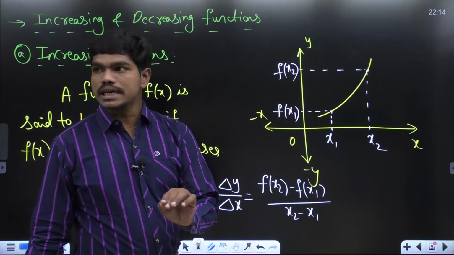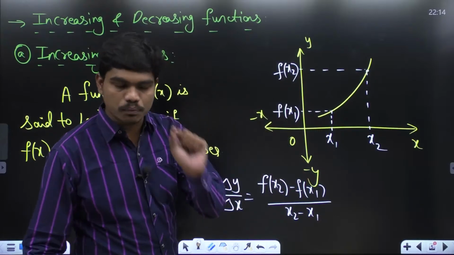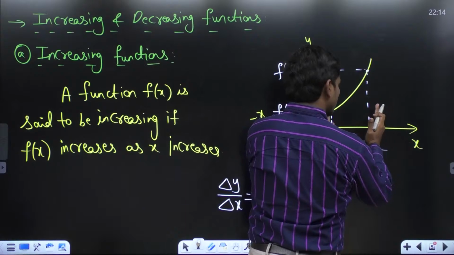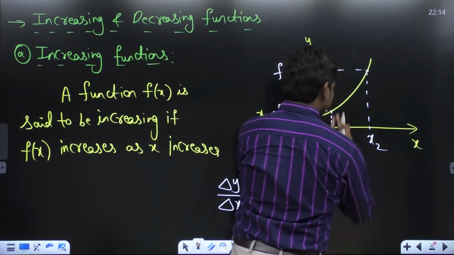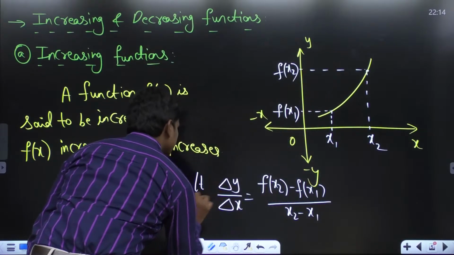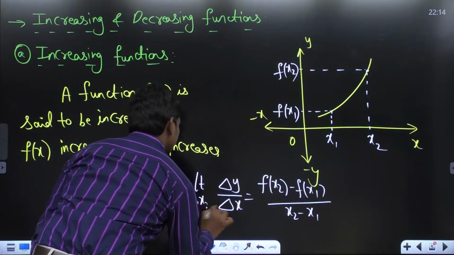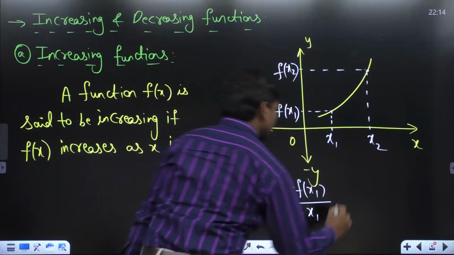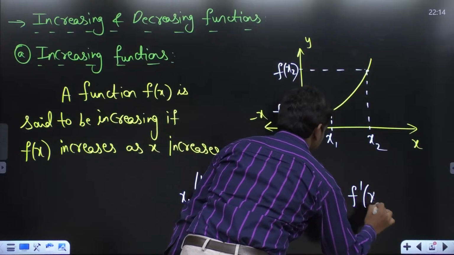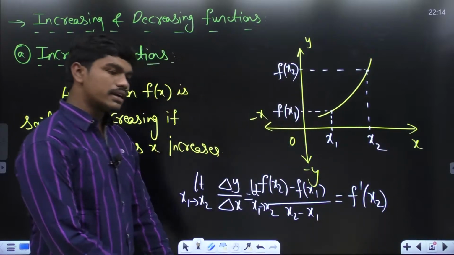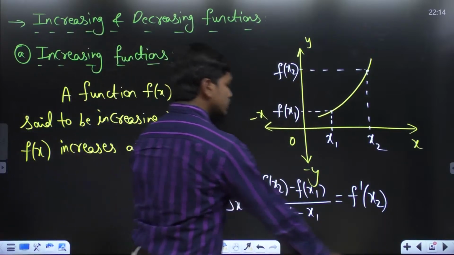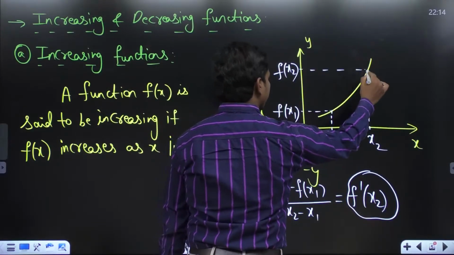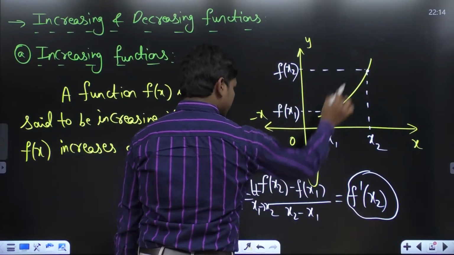Now if you want to decide the nature of this function at a particular point, this is some part of the interval x1 to x2. Let me write limit x1 tends to x2, and this is nothing but f dash of x2, by our definition. And this is nothing but the slope of the tangent to this curve drawn at this point x equal to x2.